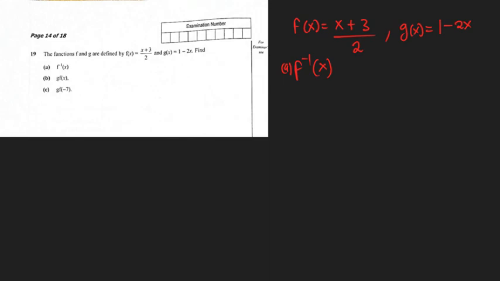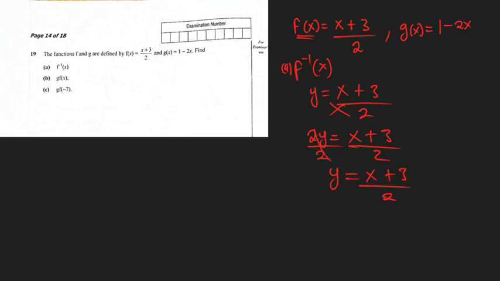So, when they say f inverse of x, they are saying where there is f of x here, replace with y, then make x the subject of the formula. So how do you make x the subject? Cross multiply. This becomes x plus 3 over 2.